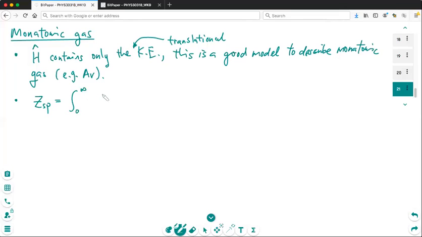This is something you saw before. Let me repeat: this is the integral form of the partition function for the dilute gas.